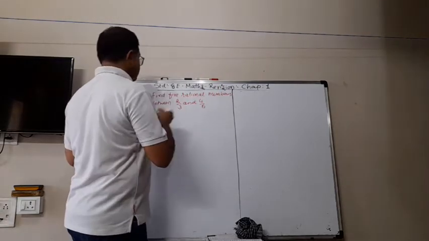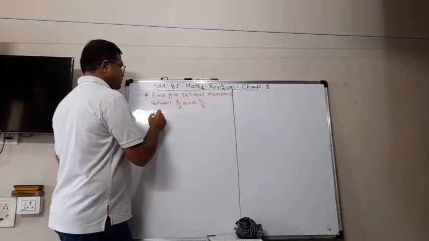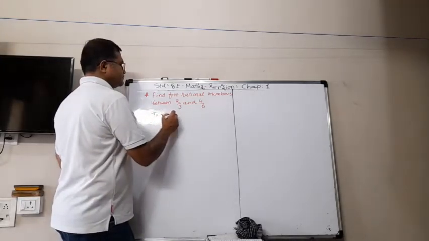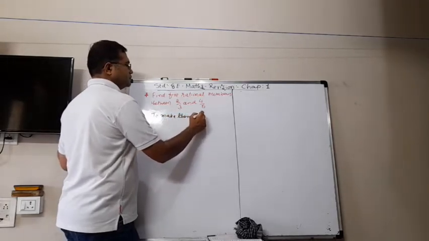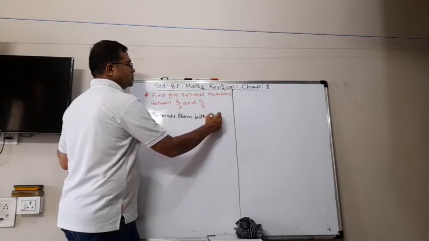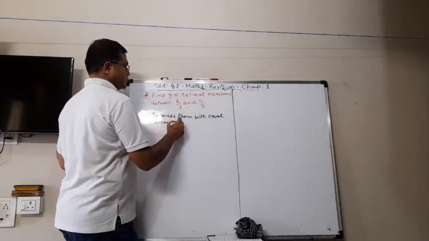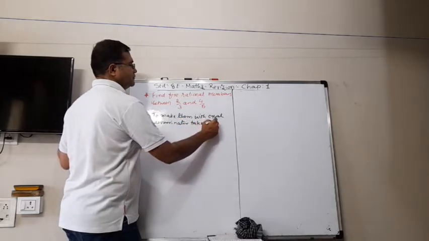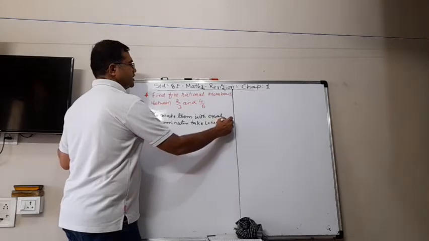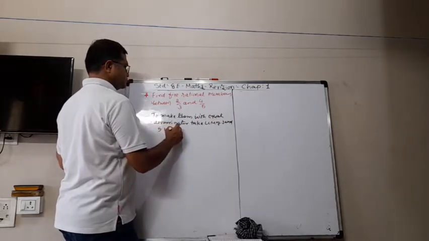So here also we have to take the LCM of 3 and 5. To make them with equal denominator, take the LCM of 3 and 5, which is 15.